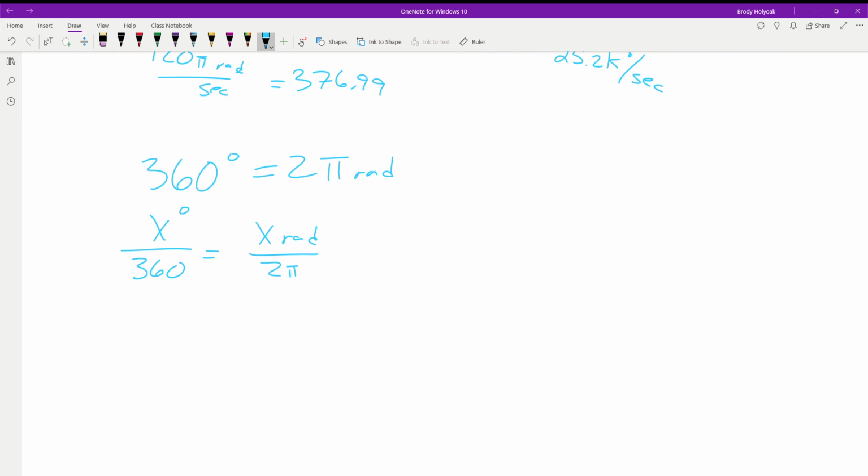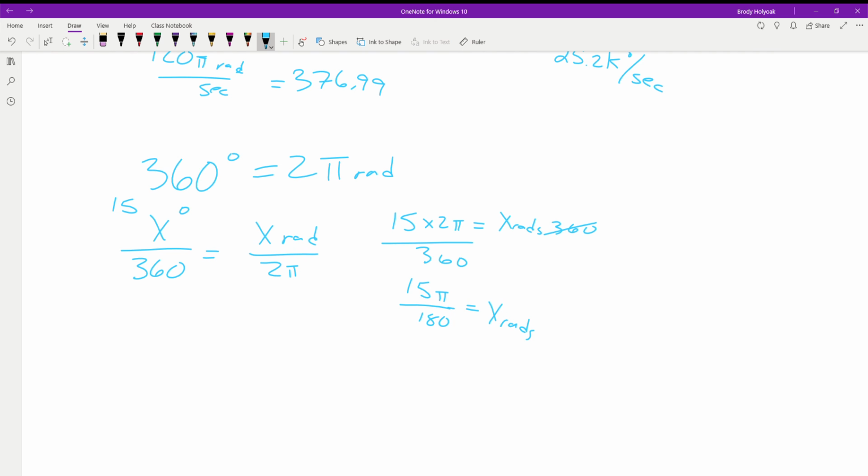And so let's say we have 15 degrees. We're going to solve for how many radians we have. So we have 15 times 2 pi is equal to X radians times 360. We divide both sides by 360 to get rid of it over here. So we have 15 pi over 180 is equal to the X number of radians.